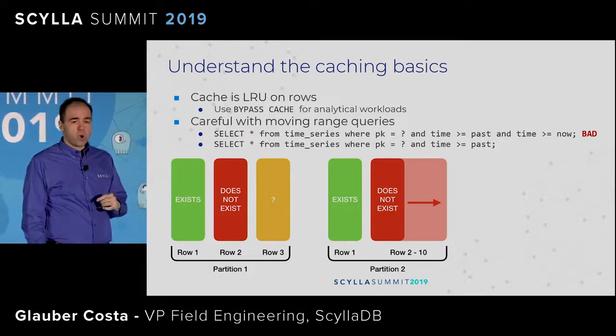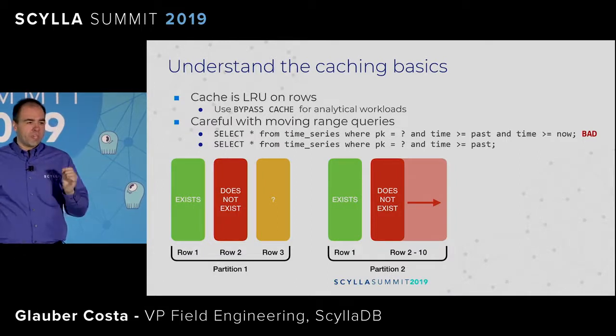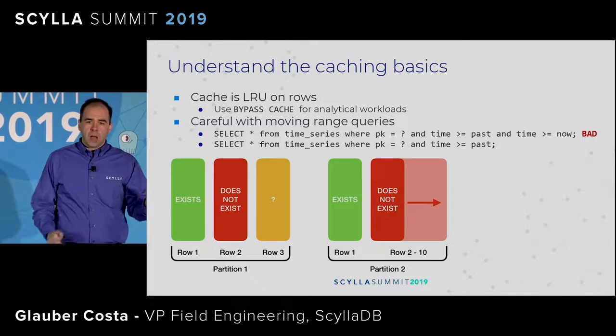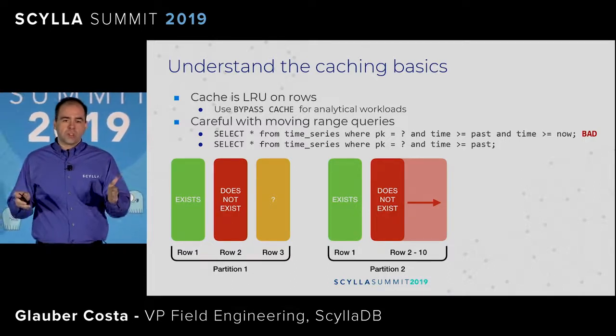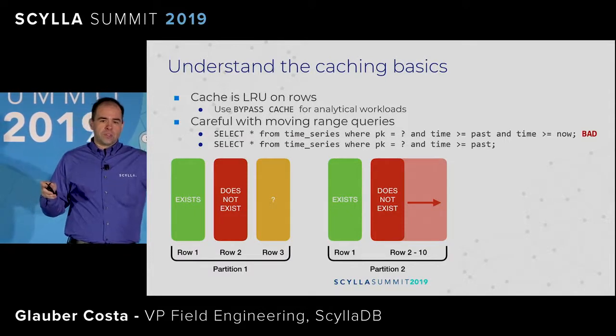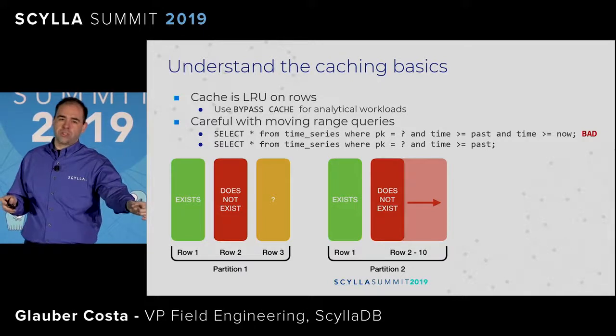The way the cache works is that it tries to cache ranges that you queried before. We can cache infinite ranges, but if you're asking for a specific time point, I'm caching just what you ask for. So the next time you ask for now, but now is 2 microseconds in the future, I don't have this last piece of information in the cache. I need to go to storage again to fetch it.